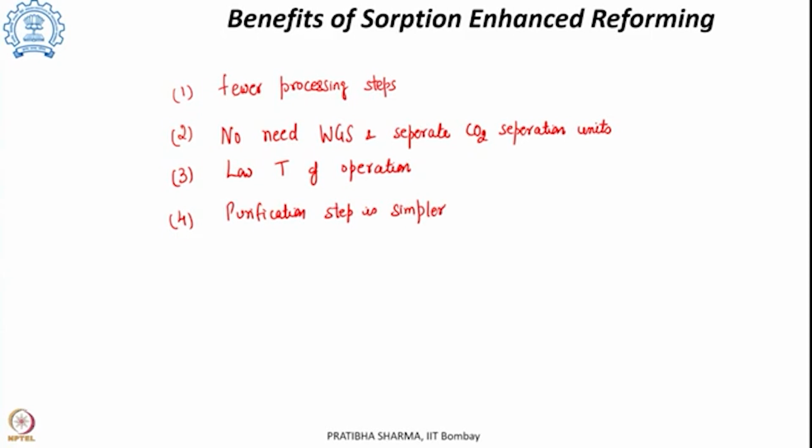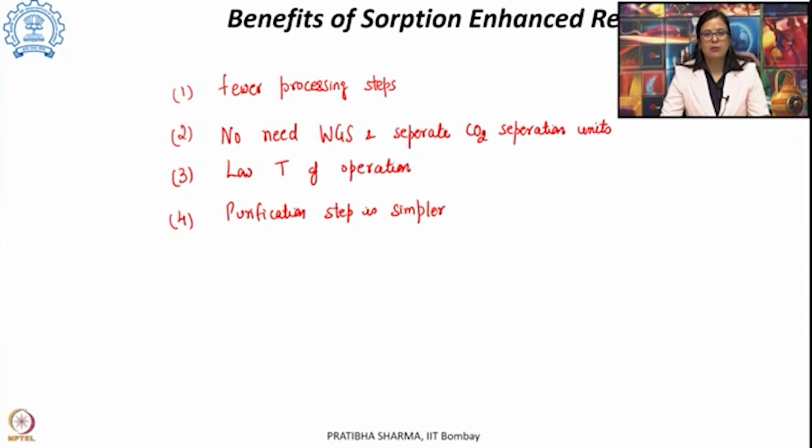So the carbon dioxide which we are getting is highly concentrated. However, a certain amount of remnant carbon monoxide or carbon dioxide, which is very small in quantity, if that needs to be removed, the purification unit required will be very small, since most of the carbon dioxide is being removed and we can get pure hydrogen in this way.